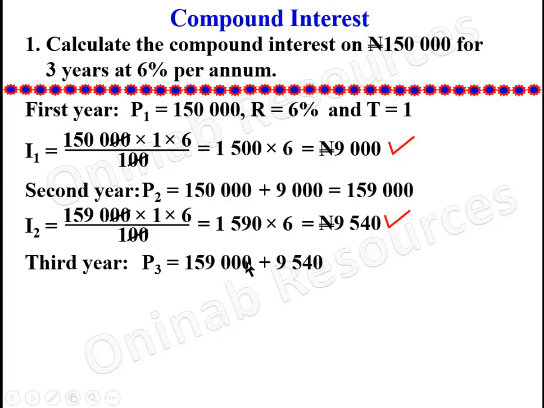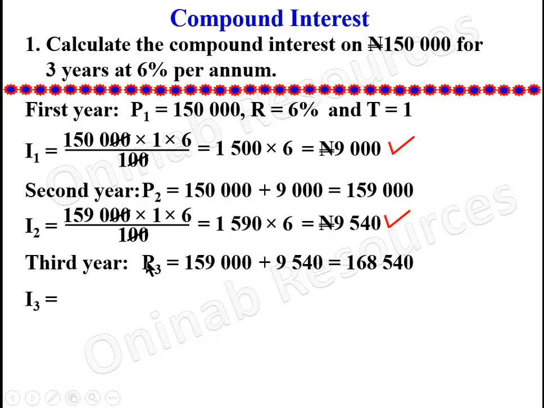Since the 1,000 here is 00, so 159 plus 9 will give us 168,540. So our principal in the third year will be 168,540.